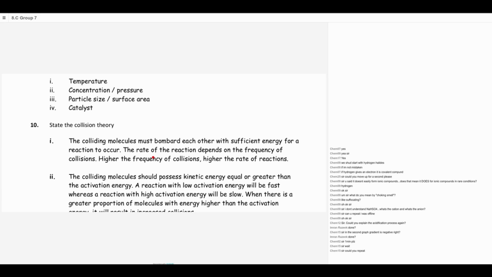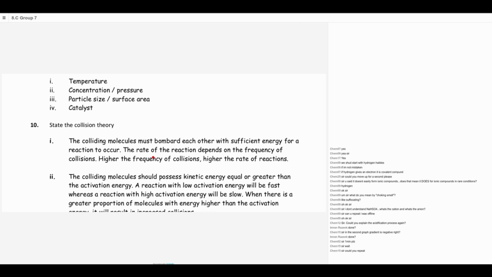So in short, we call it the frequency of collisions, which means if the reacting molecules collide frequently, that means the number of collisions per second is more, and that will result in an increased rate of reaction. Because if reactants are meeting together often, then they will react to form the product. So that's the first point, the frequency of collisions or the number of collisions per second.